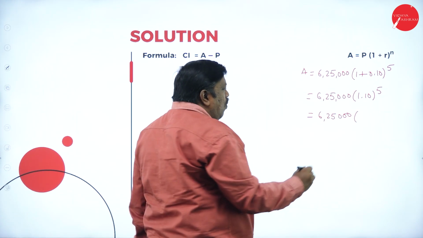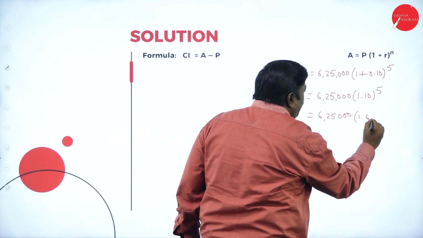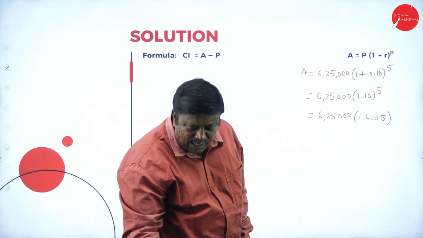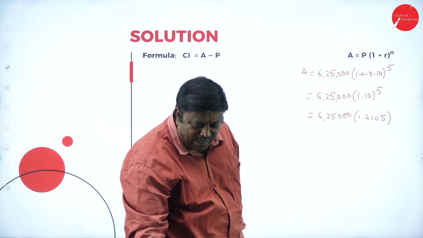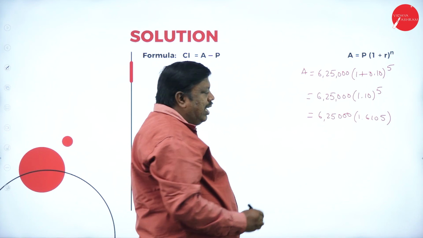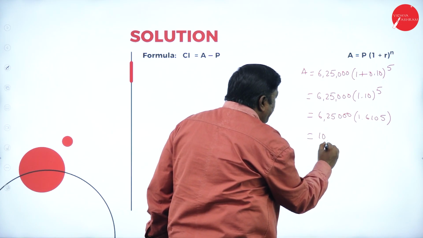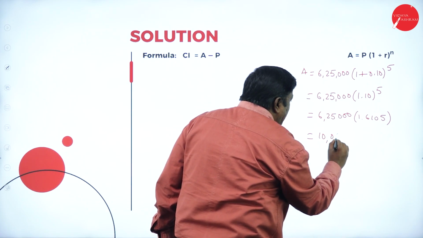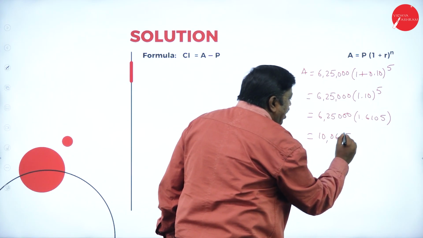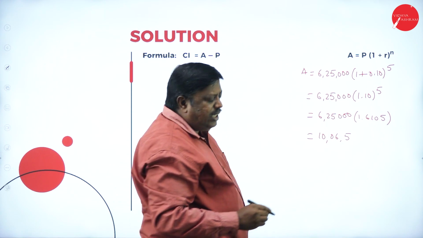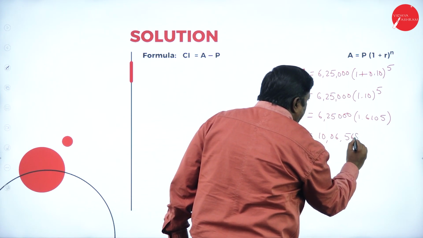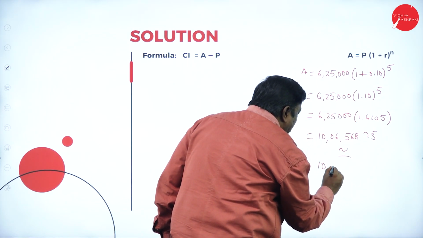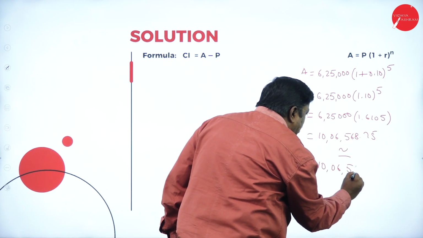So it will be 1.6105. 1.6105 into 6,25,000 will be 10 lakh 6,568.75, rounded off to 10 lakh 6,568.